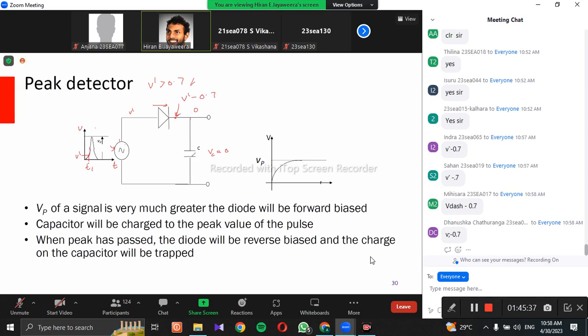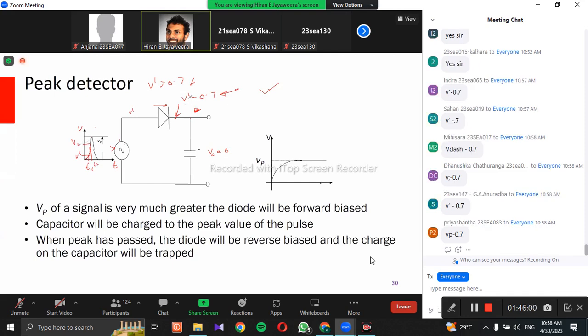So this diode gets forward biased with a drop of 0.7, and you get a voltage of V dash minus 0.7 volt. Now what happens is that the capacitor gets charged to this voltage. Because you don't have a resistor, it's suddenly charged to this one, and this potential remains there. Now, let's say after a while, at t equals t2, you go to V2, a voltage which is higher than that.